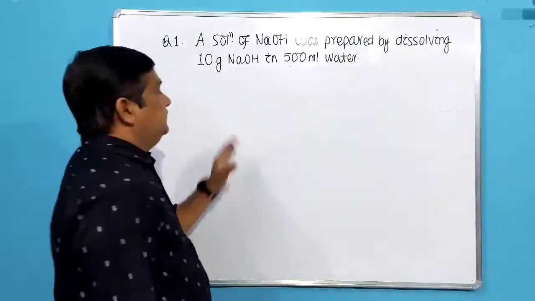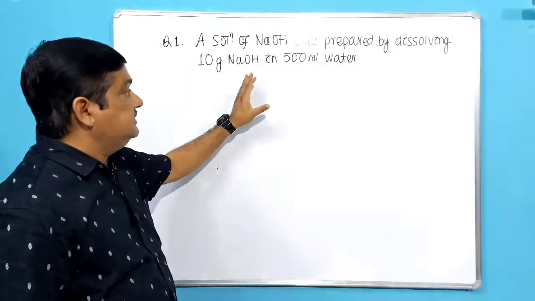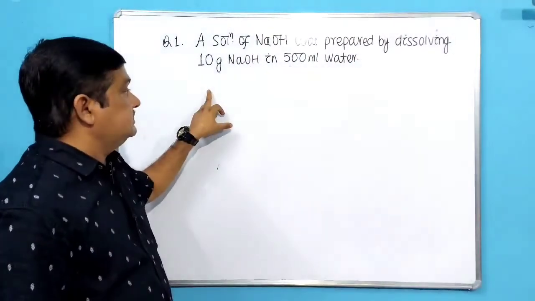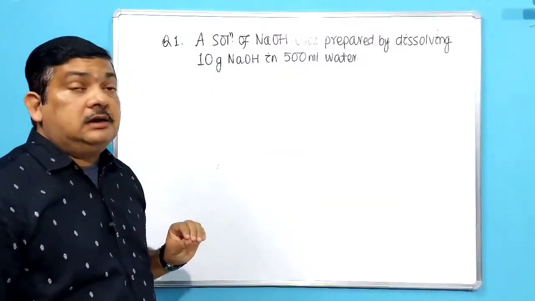So the first solution which was prepared, what has been taken? The 10 gram of sodium hydroxide is dissolved in 500 milliliter water.